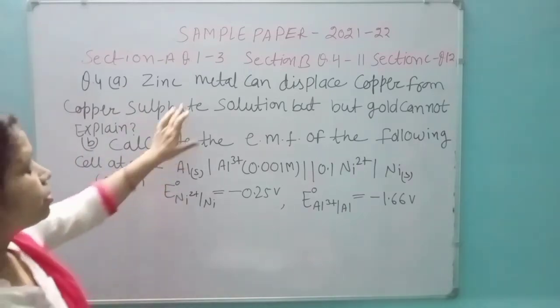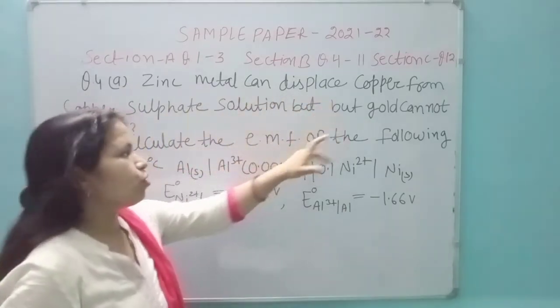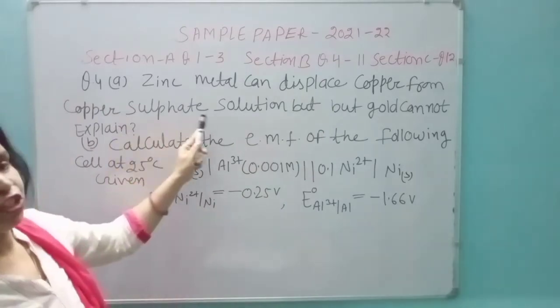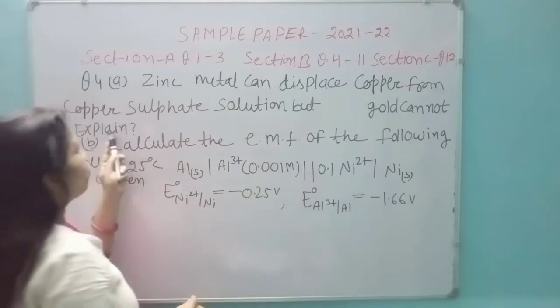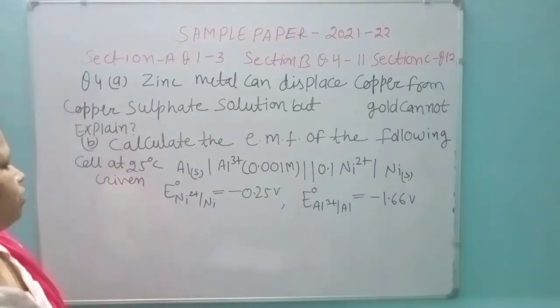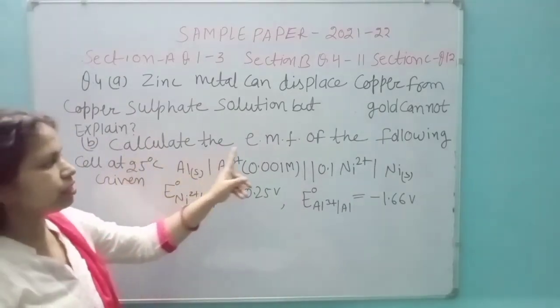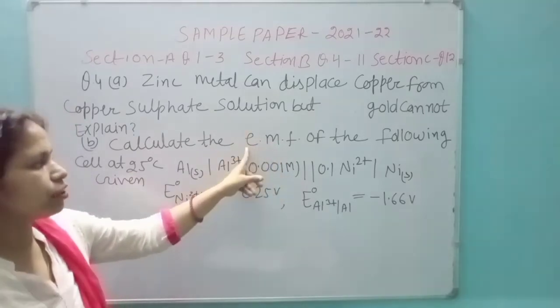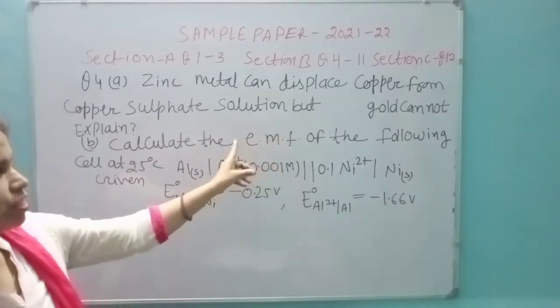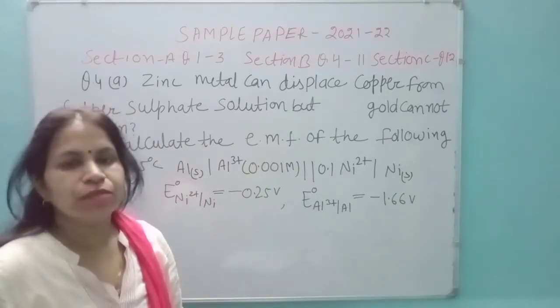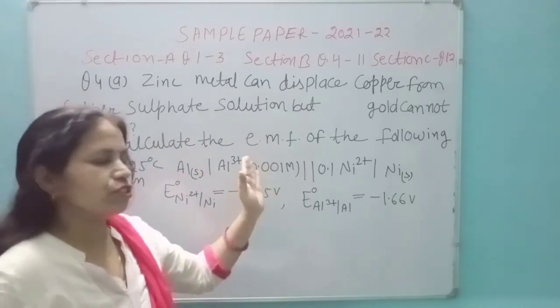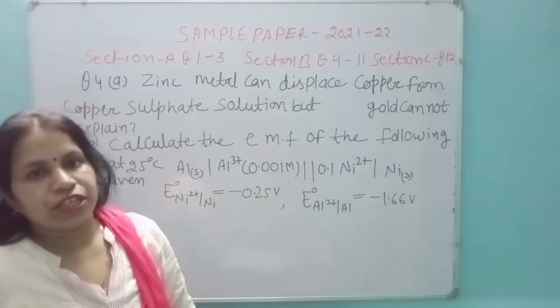Again, let's see. Zinc metal can displace copper from copper sulphate solution, but gold cannot. Explain with reason. The second question is to calculate the EMF. EMF means electromotive force. What is the electromotive force? The difference of the electrode potentials, the cell potential, of the two electrodes, cathode and anode.